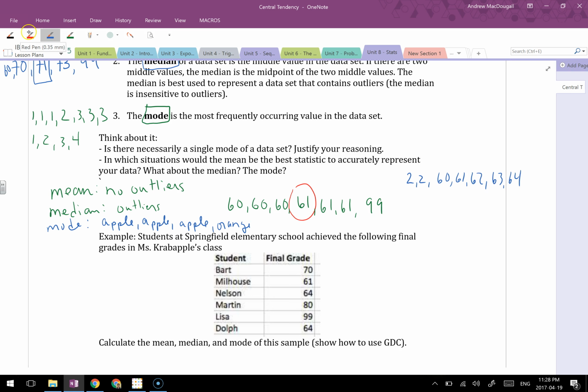Well, I would say the mode would tell you apple. Apple is the best. This type of data is called qualitative data, and the mode is good for qualitative data because you can't average them or take the median. The numbers you see from the previous examples are called quantitative data, as they represent quantities.